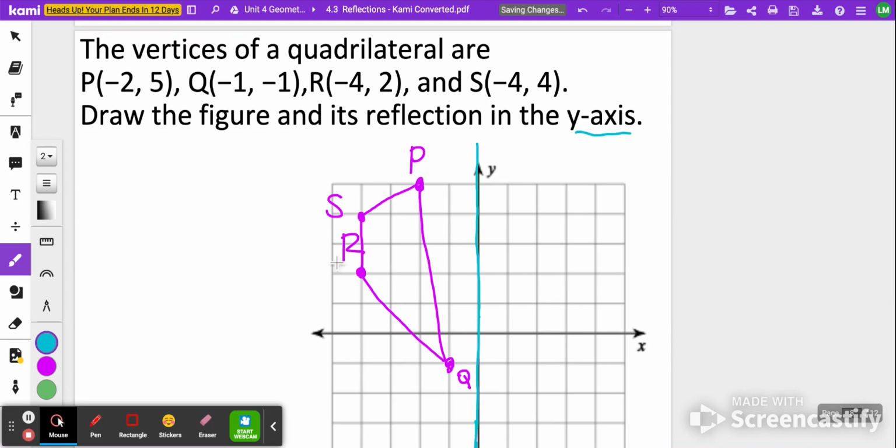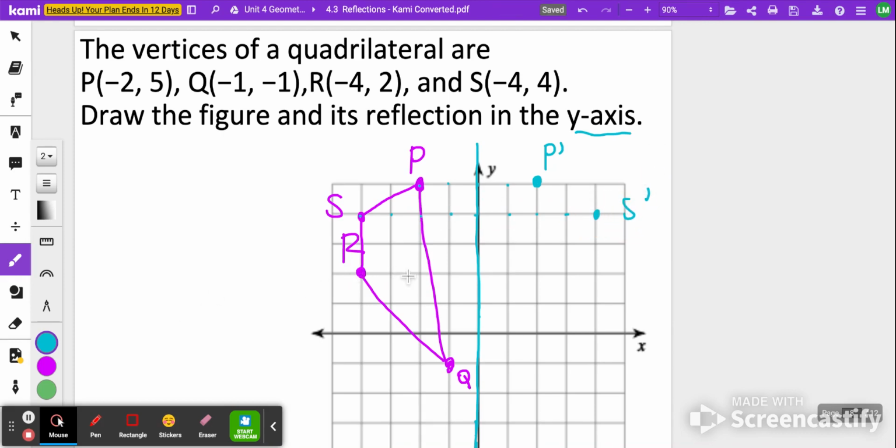Now I need to reflect those points over. All I need to do is count how far away the letter is from the line of reflection. P is 1, 2 points away from the line of reflection, so I would continue to go 1, 2 points in the opposite direction. S is 1, 2, 3, 4 points away, so 1, 2, 3, 4 points away for S prime.